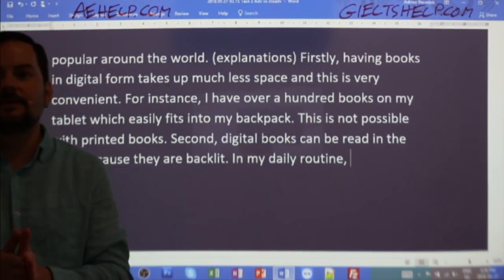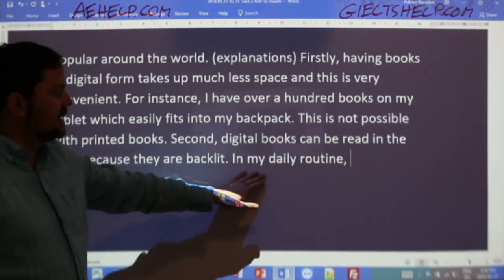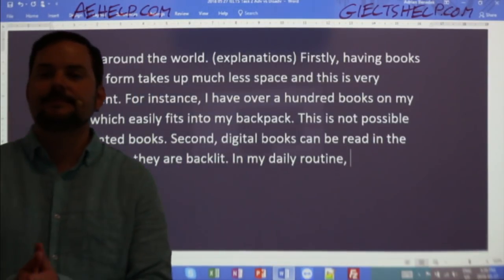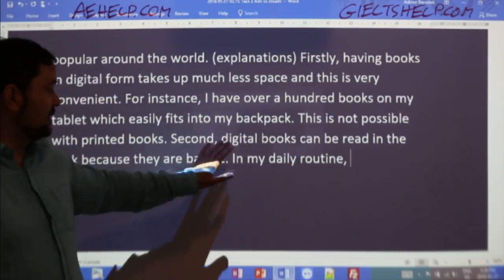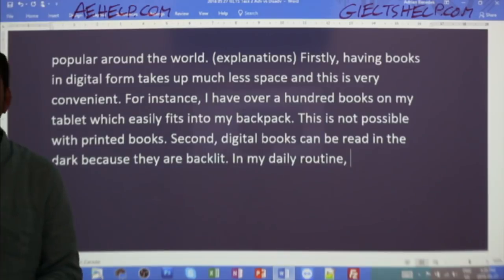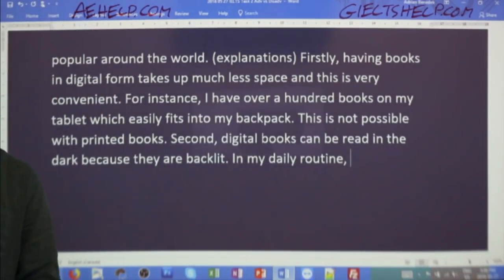So Tianzeni, Manisha, what do you guys think? What do you girls think? What's a good way to finish that example? In my daily routine, just something simple. Remember, we're backing up the explanation that second, digital books can be read in the dark. Yeah, exactly, Manisha.